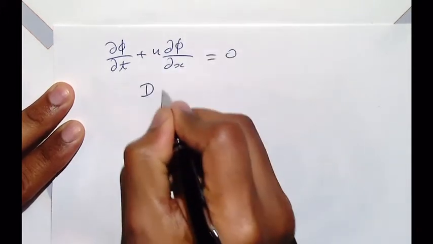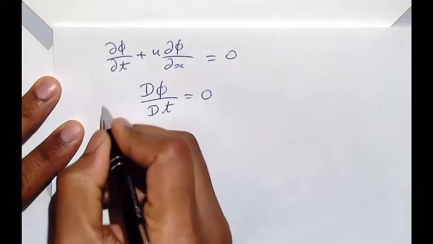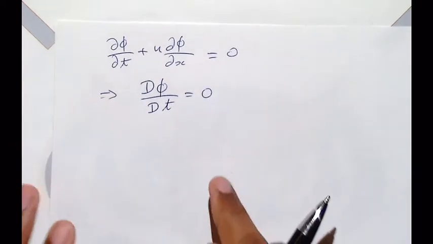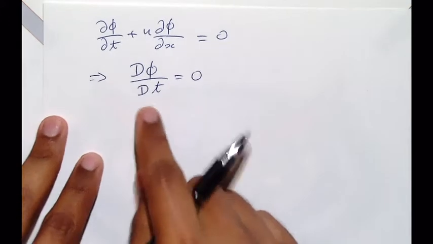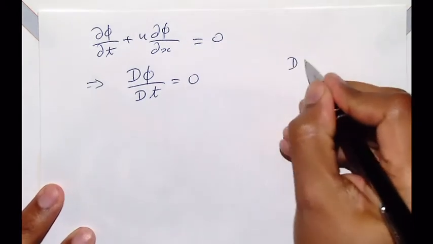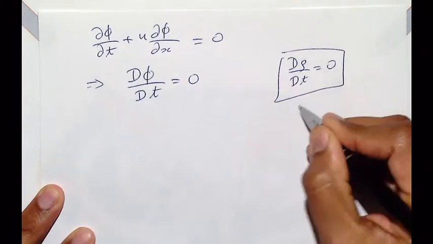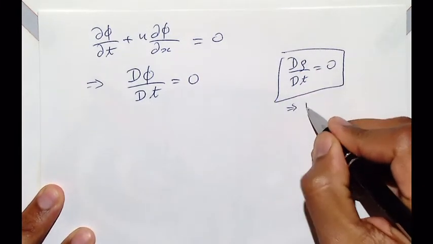And you might remember this is just the material derivative. Can one of you remind us what this material derivative represents? Continuity. It represents continuity, del rho by del t equals 0. This just by definition means incompressibility.